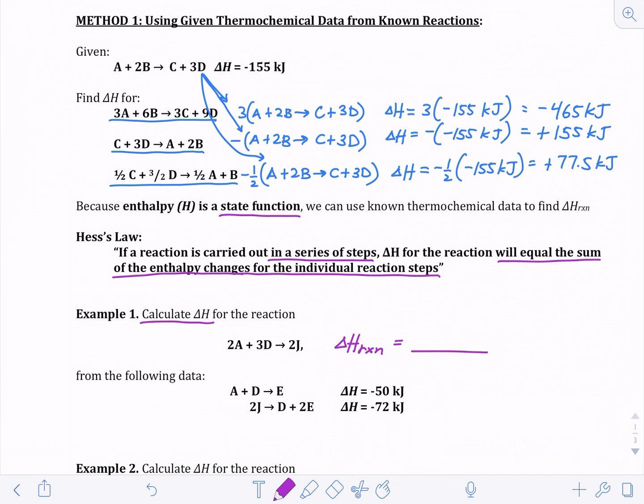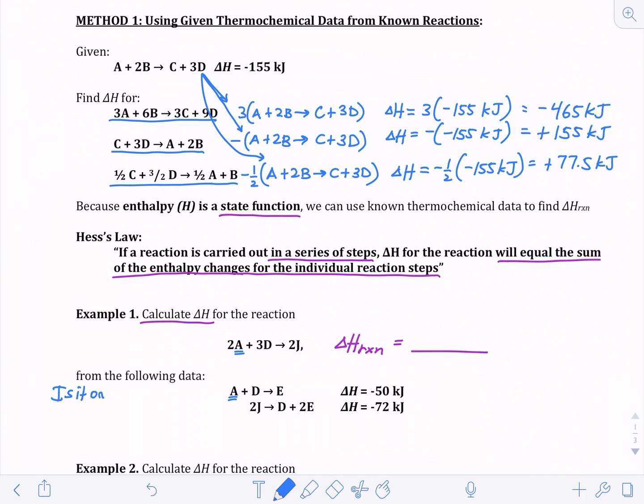So what we're going to do in order to solve these problems, the first thing we're going to do is look for the first component of the unknown reaction. We're going to look for A in our two known reactions. I find it right here in the first one. I don't find it in the second one, and that's important. So I found it in one reaction, and I'm going to ask myself two questions.